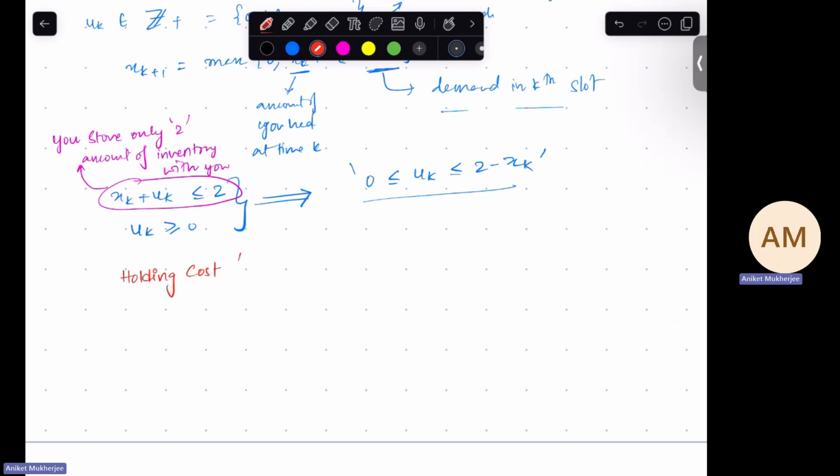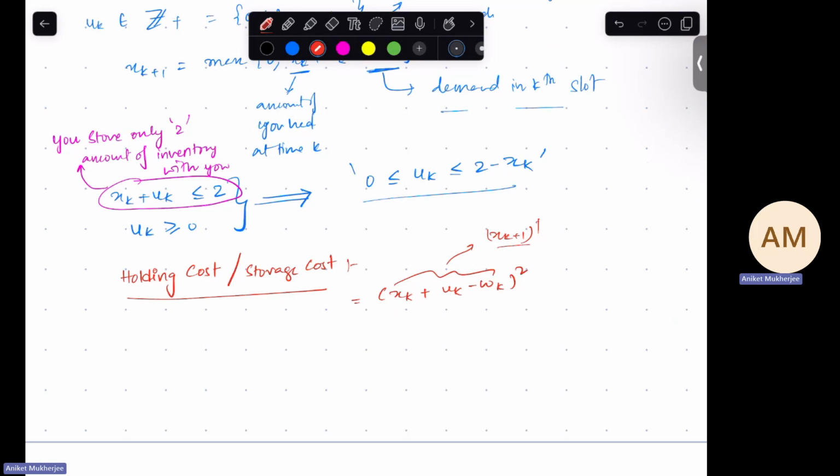Okay. So next we'll define the holding cost or storage cost. Because you're ordering something, you'll pay some money to store that thing, and that cost would increase as the amount of things you have to store increases. So basically, it will be xk plus uk minus wk whole square, where this is your xk plus 1.